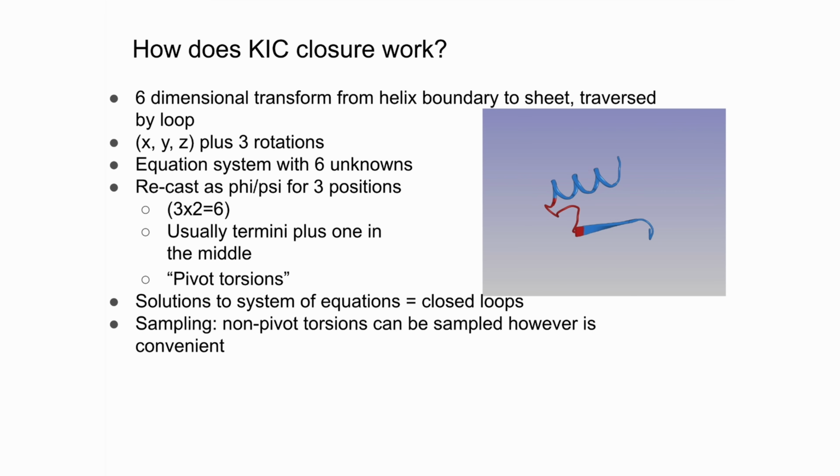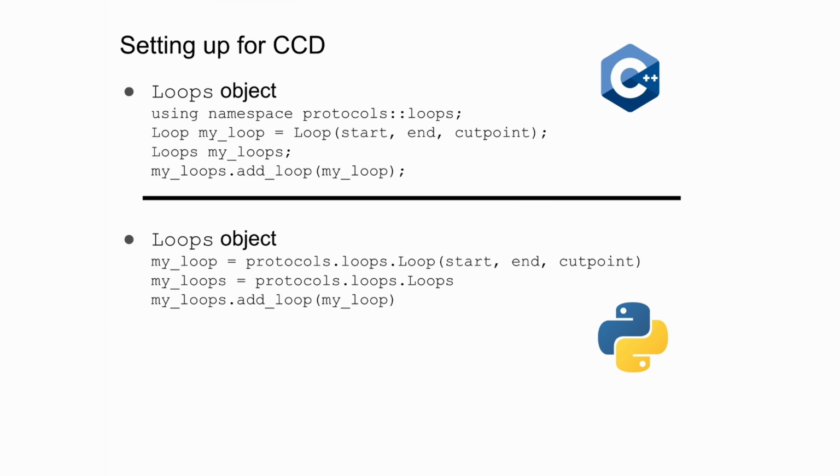Your Cartesians and then your rotations. And you can turn the phi psi angles into positions and then pivot. The solutions to the system of equations are the ones where you can actually close the loop from start to end. And then non-pivot torsions can be sampled however is convenient.